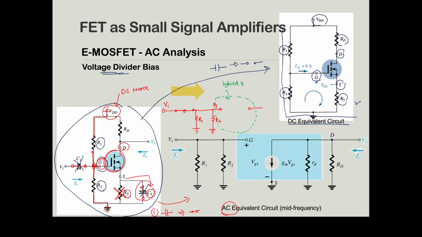What will happen to the drain? The drain will have one junction. This is the drain terminal. One branch will go to RD, and the other end of RD goes to ground. Next, from this junction, we have another one which is Vout. So this is your Vout.